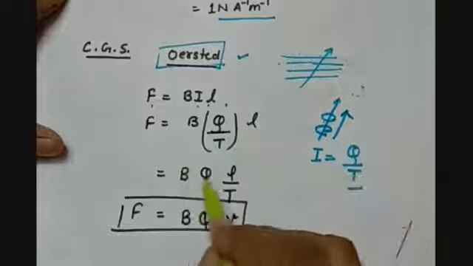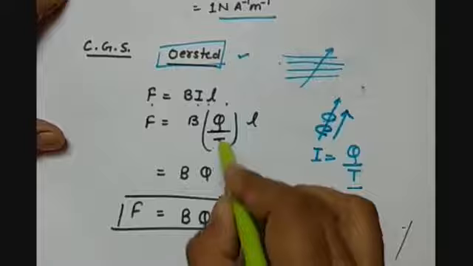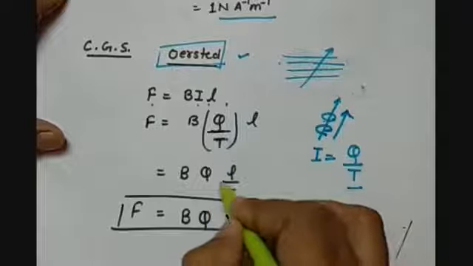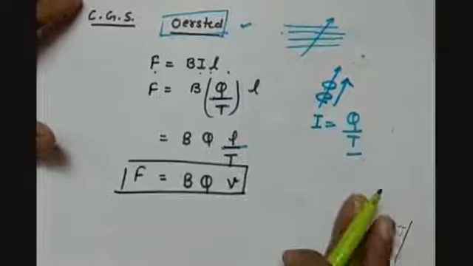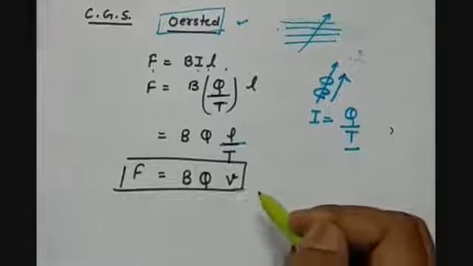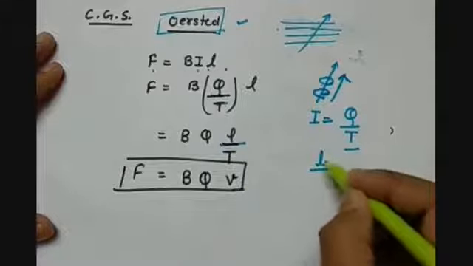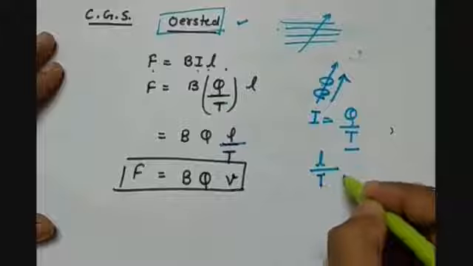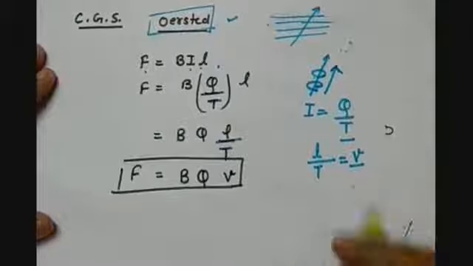We get B Q by T into L. Now, distance covered per unit time is known as the velocity of the particle which is moving.